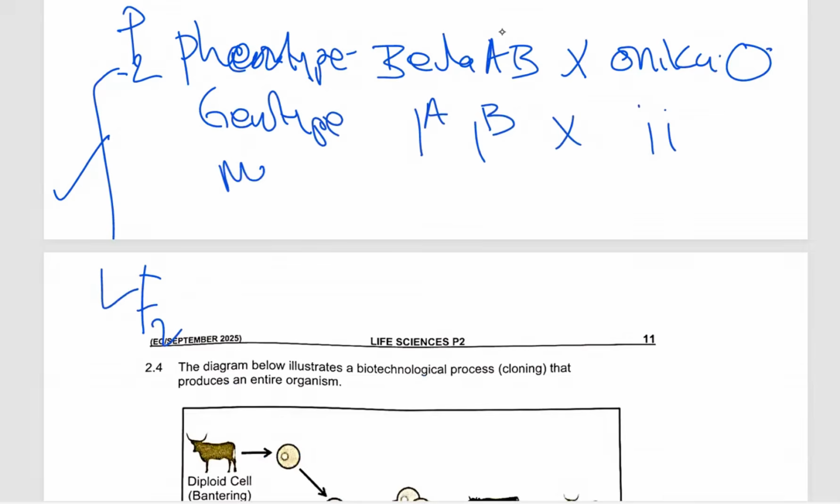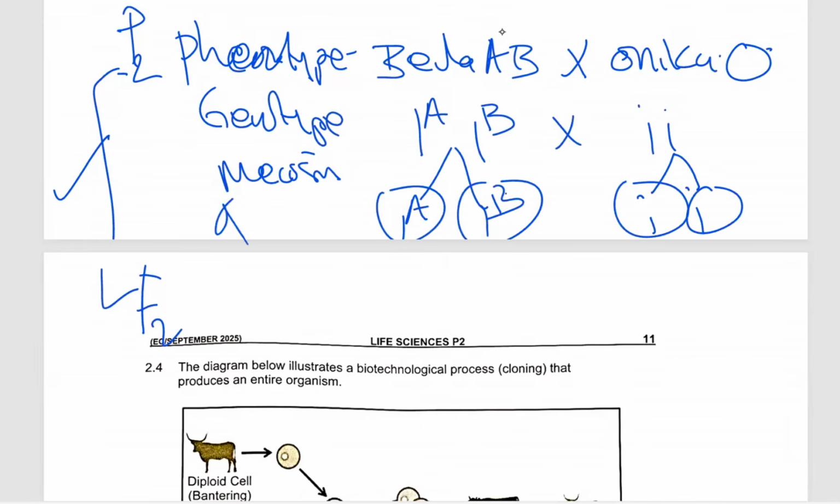Then they form gametes through meiosis. You have to write all these points, and then you say that A is going to be, B is going to be, small i. So these are gametes. So we call them gametes. I say don't leave them naked because they're not at the beach. They are supposed to be dressed up.